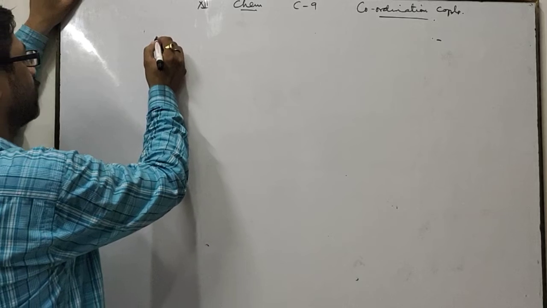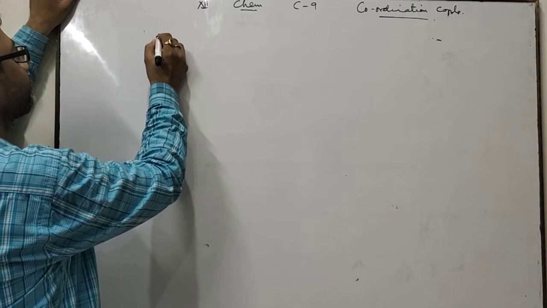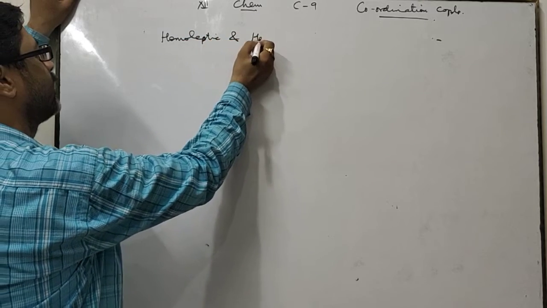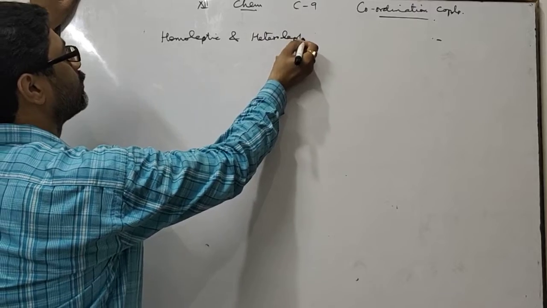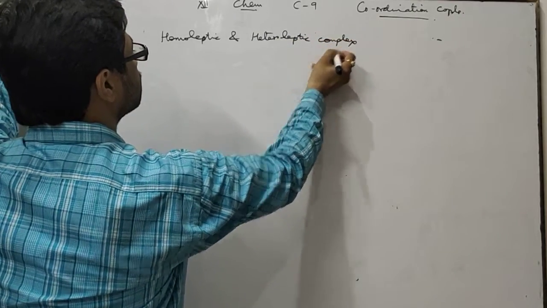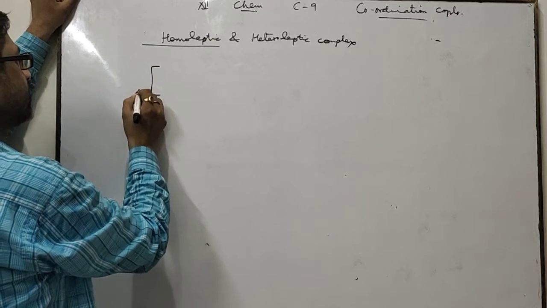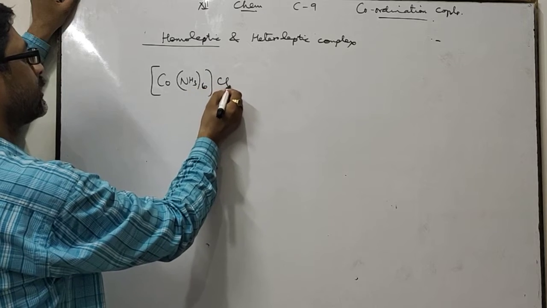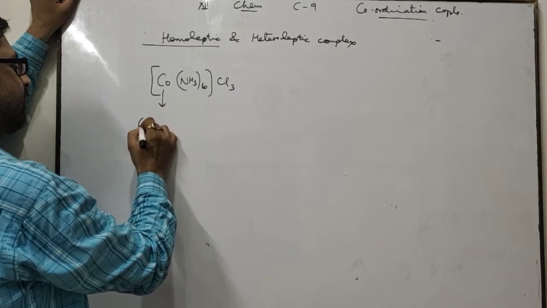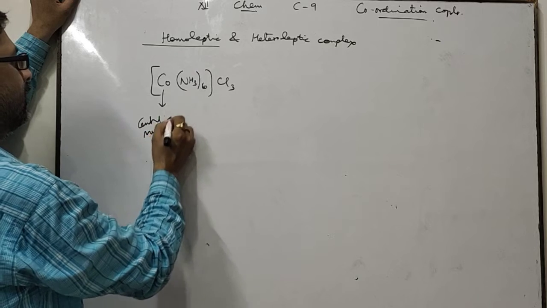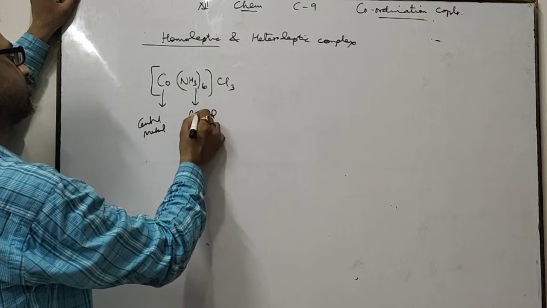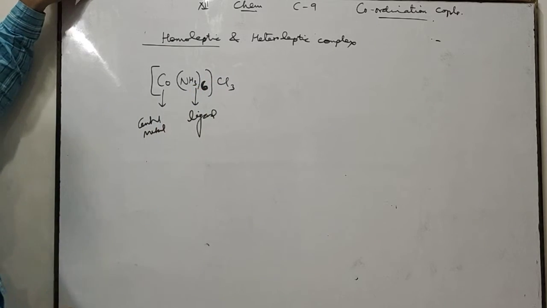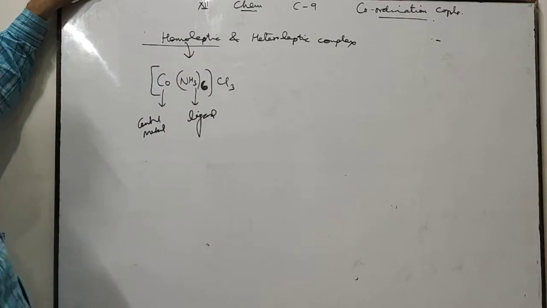Okay. Now I am going to discuss homoleptic and heteroleptic complexes. If the complex contains only one type of ligand, like this, here this one is central metal and this one is ligand. All 6 ligands are of the same type, NH3, then it is called a homoleptic complex.